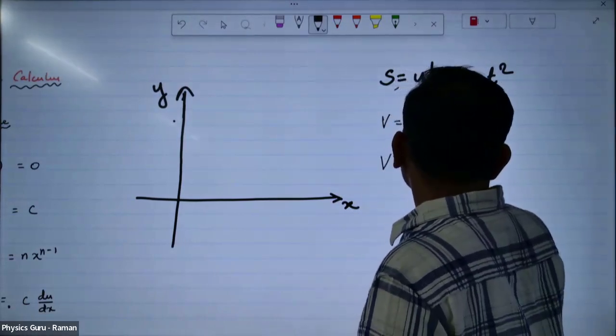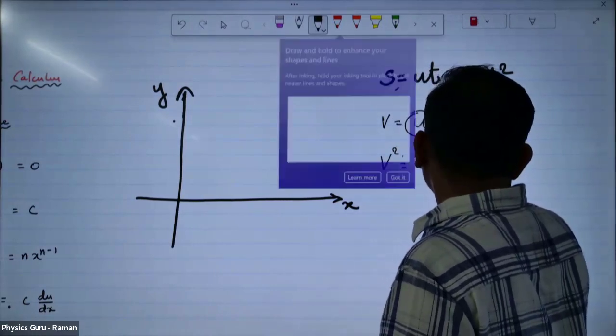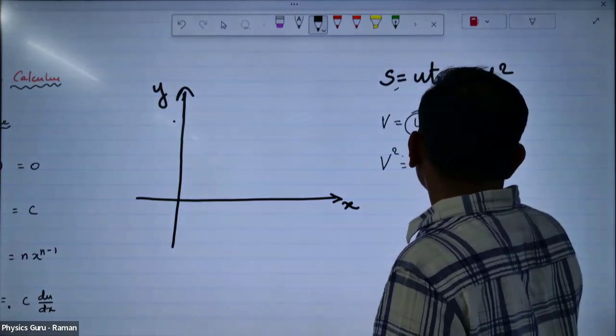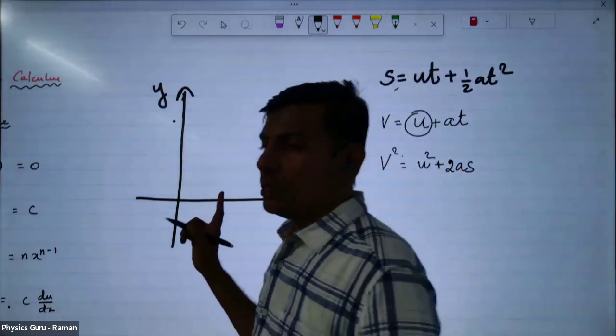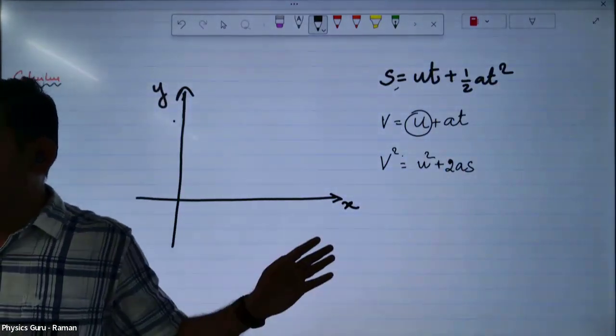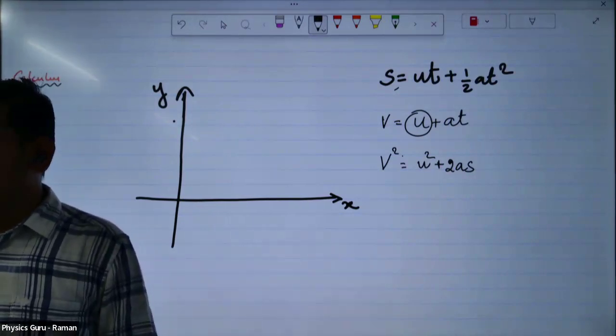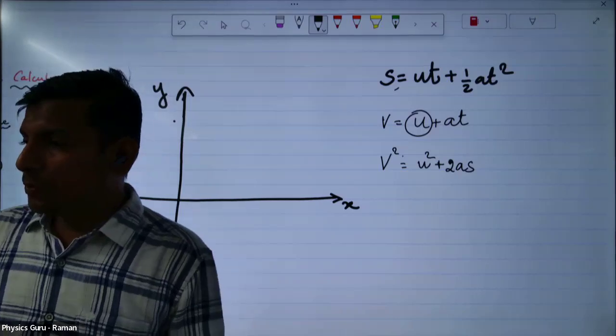The third is v squared is equal to u squared plus 2as. You remember these three equations from grade 9? Equations of uniformly accelerated motion.